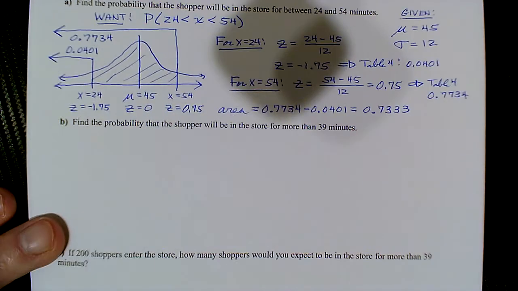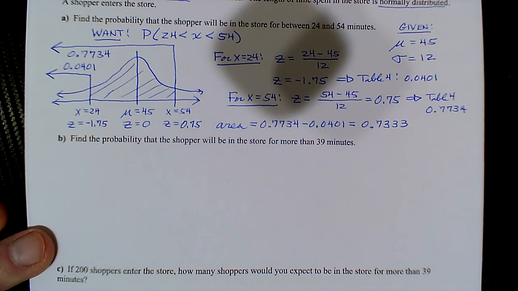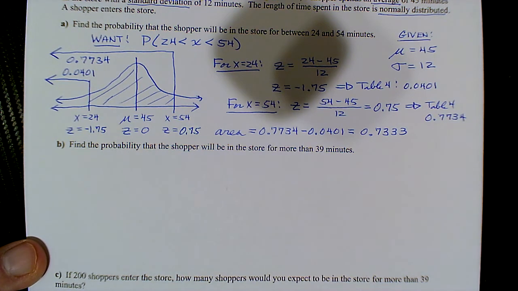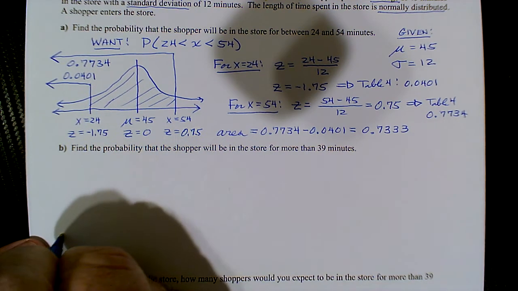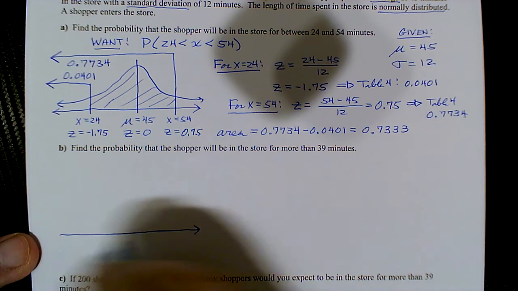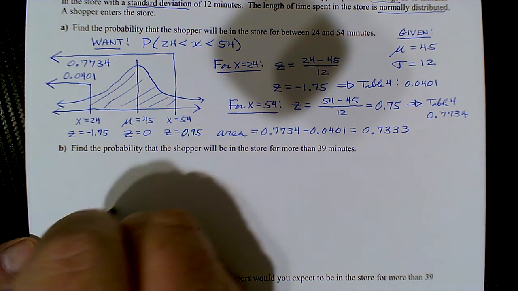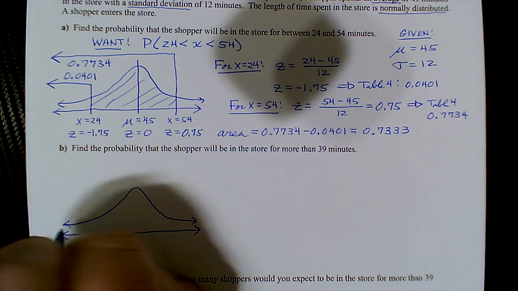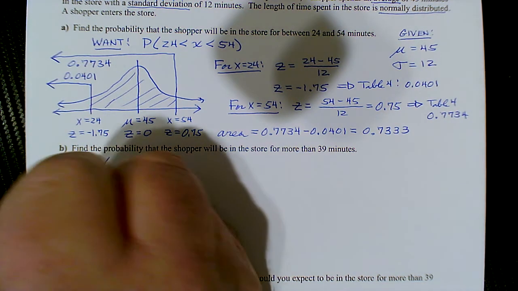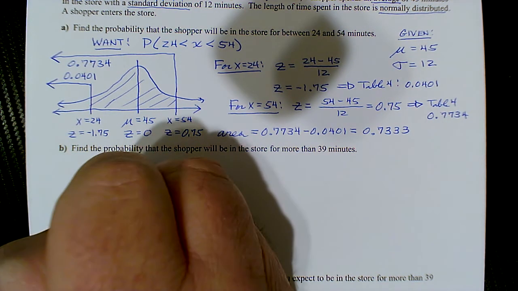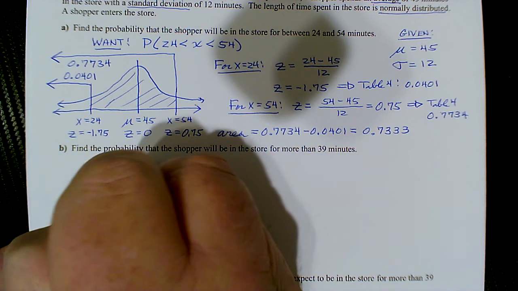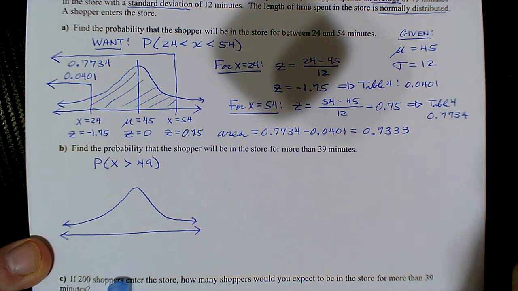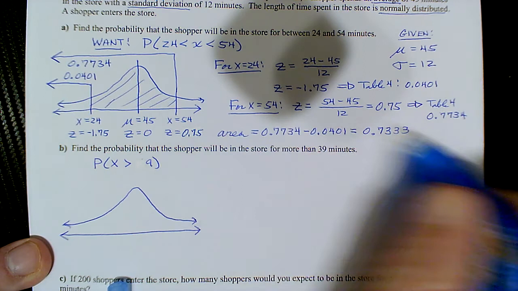Alright, then the second part says find the probability the shopper will be in the store for more than 39 minutes. So again, if you want to write out the probability notation, probability that x is greater than 39.